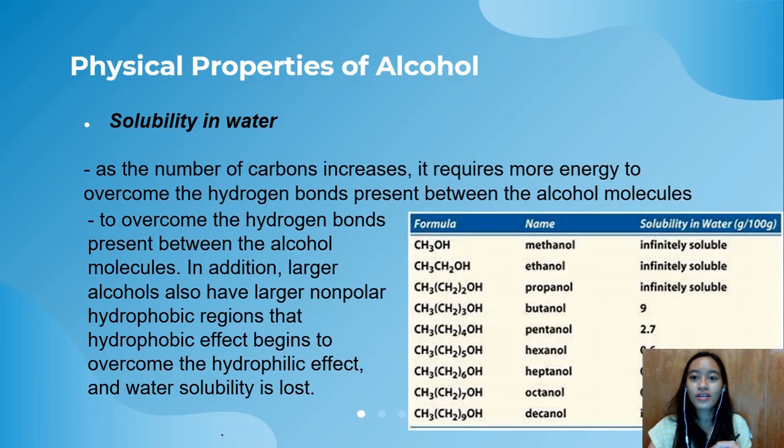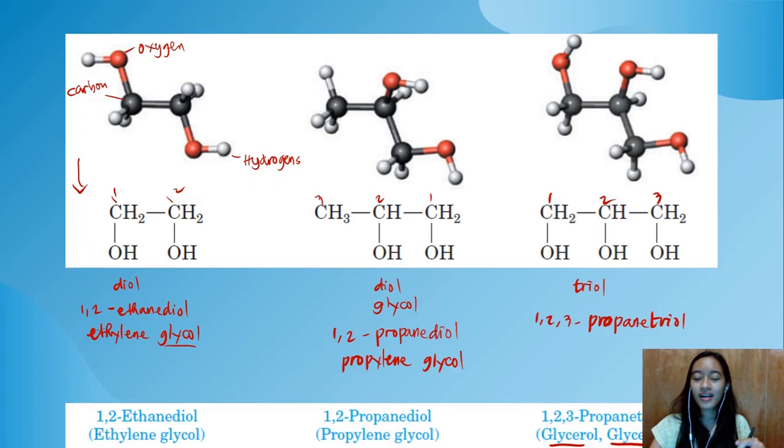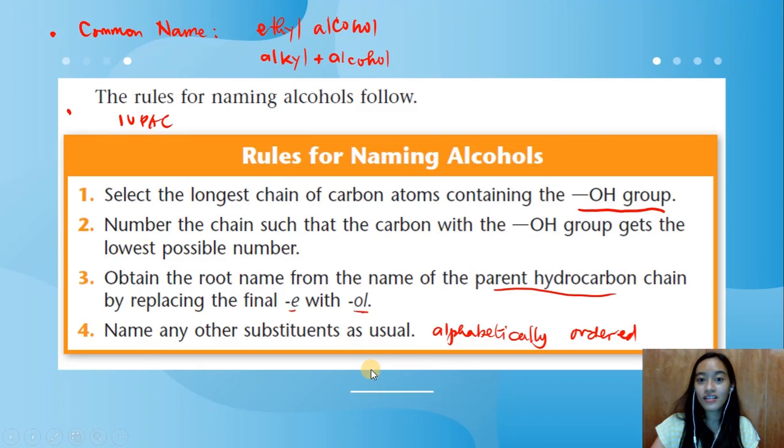Okay, so we're actually done with how to name alcohols. I think it's easy for you because you're now used to naming hydrocarbons. Just a review: the longest chain of carbons containing the OH group must be found, and you number the chain such that the carbon with the OH group gets the lowest number possible.